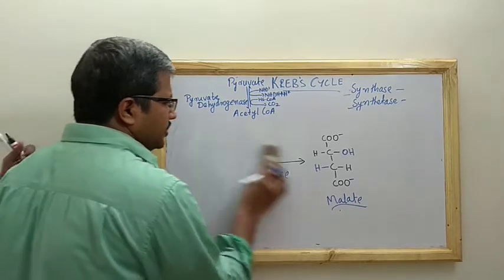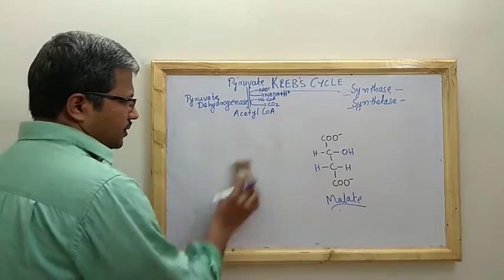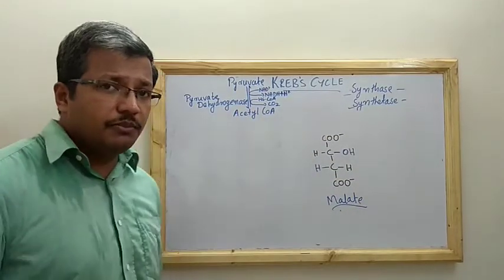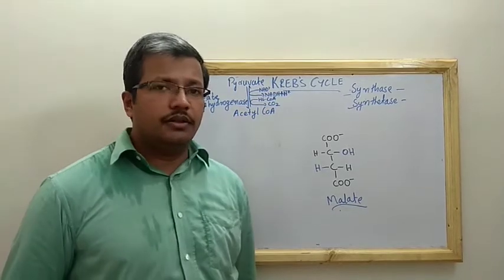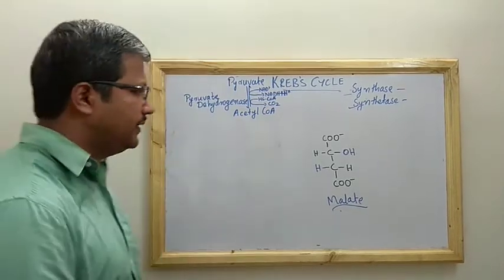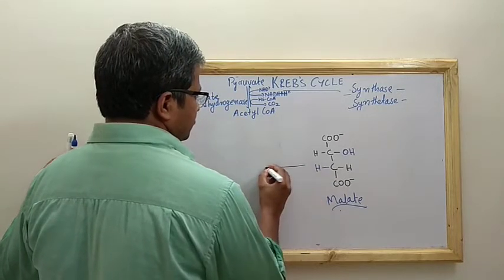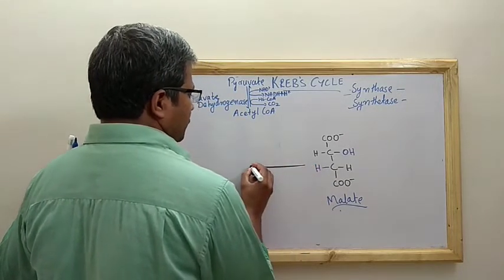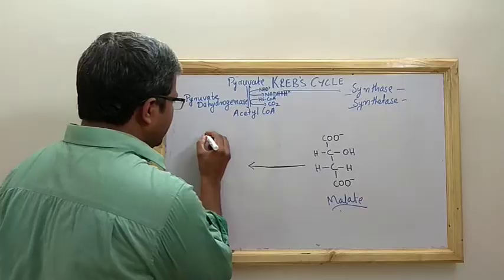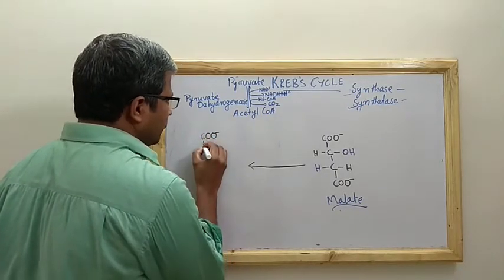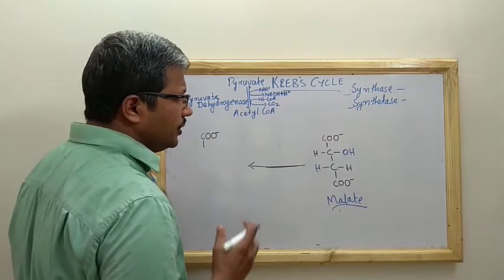So there is dehydrogenation, or the oxidation of malate, which will result in the formation of oxaloacetate. I'm just drawing it in this direction. Now we know that the COO minus, as I told you, is undergoing oxidation.